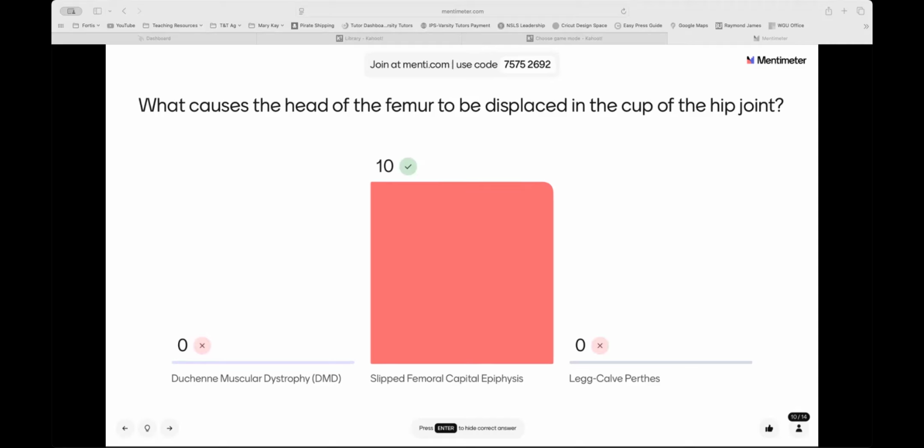The growth plate that is in between the head of the femur and the long bone portion, we have a little slip that happens there. So that femoral head stays up in the hip joint, but it gets a little bit separated from the rest of the femur. So again, it's going to cause some limping, some issues with movement and pain typically.